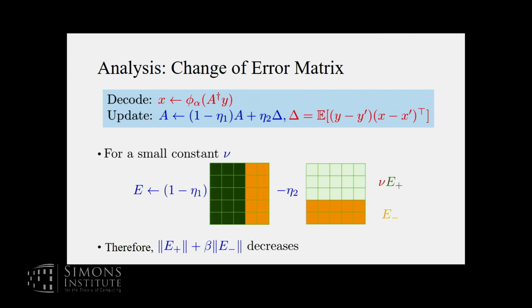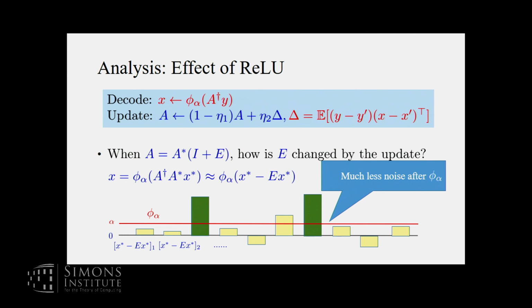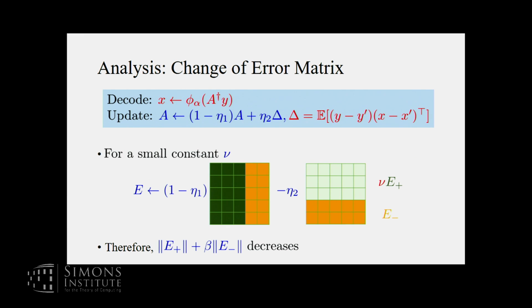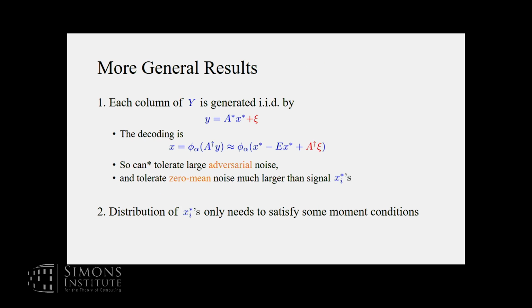Why? Because when we go from this step, the decoding, to showing this, you need the independence of the coordinates so that you get a lot of cancellation here. But that's the high-level intuition.